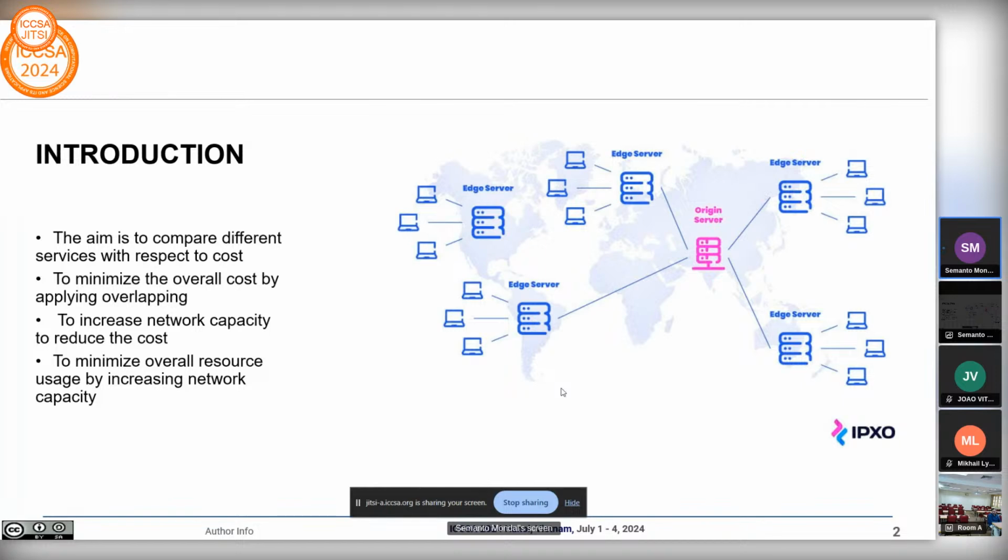And we have tried different parameters like the rate and the overall cost, and how these parameters have an effect on the overall cost of the network flow in the network. And we try to build an optimization model to minimize the overall cost, also to minimize the overall use of the different resource blocks in the capacity resource block, so that the overall capacity of this network is reduced.